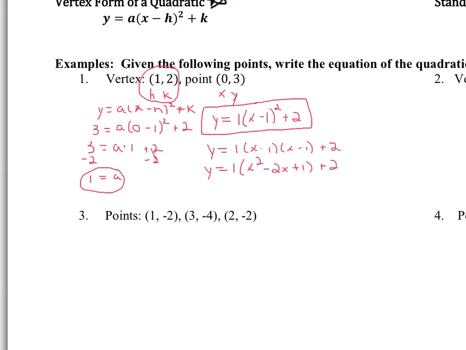Because I'm multiplying by 1, that's going to stay the same. I'm just going to combine my like terms, which is 1 and 2. So for my standard form, y equals x squared minus 2x plus 3. Okay, so there's my standard form.